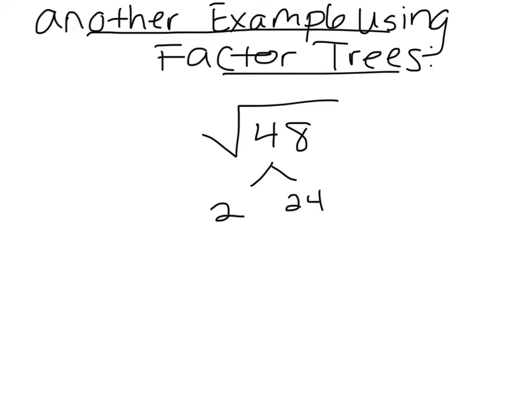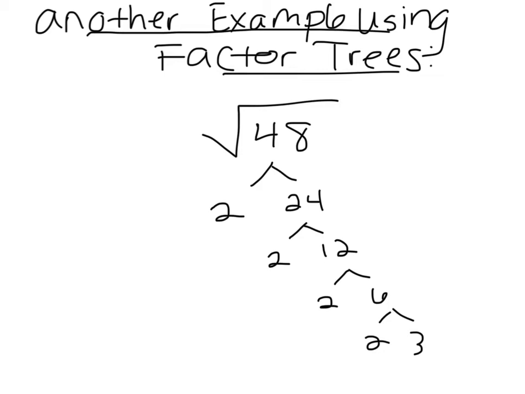So 2 times 24 gives me 48. 2 times 12 gives me 24. 2 times 6 gives me 12. And 2 times 3 gives me 6. So the prime factors of 48 are 2 times 2 times 2 times 2 times 3.